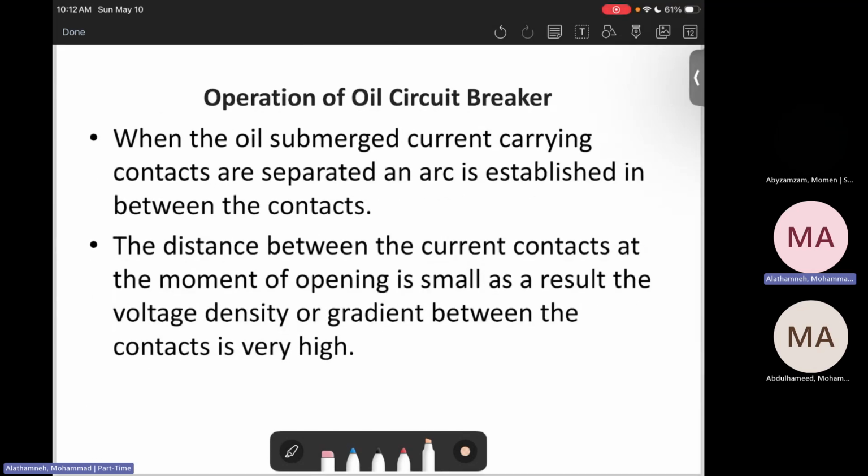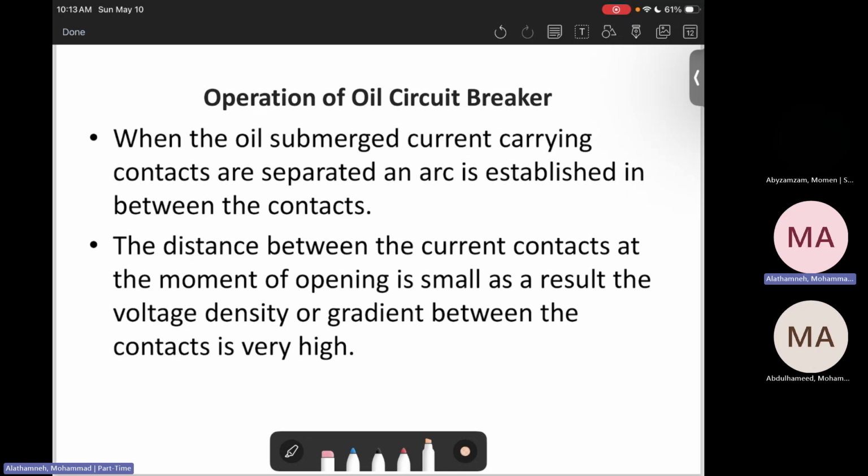So, operation of the oil circuit breaker. When contacts separate in oil, the arc ionizes the oil and forms gas bubbles. These gas bubbles rise and compress, increasing the dielectric strength and helping to extinguish the arc.